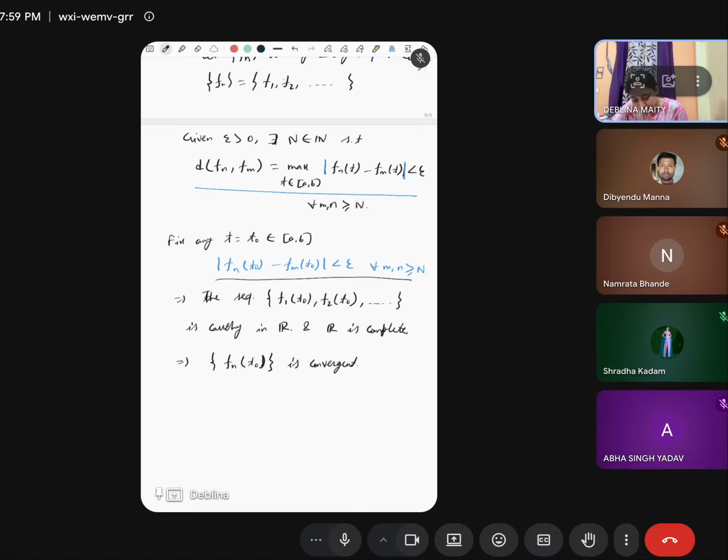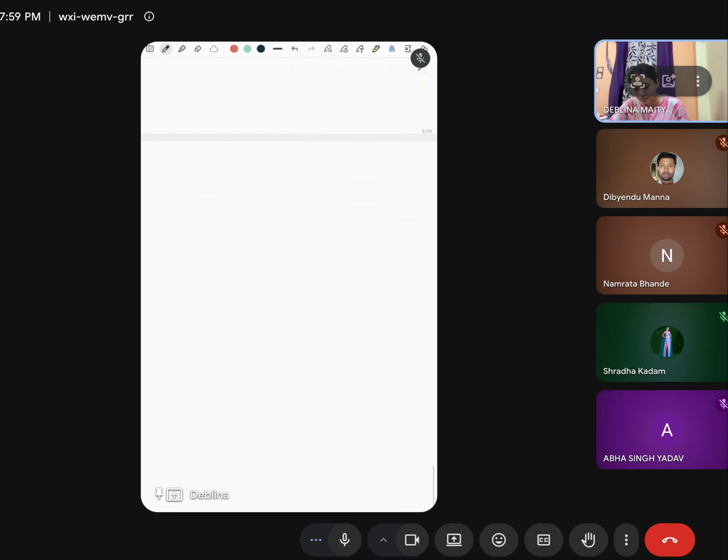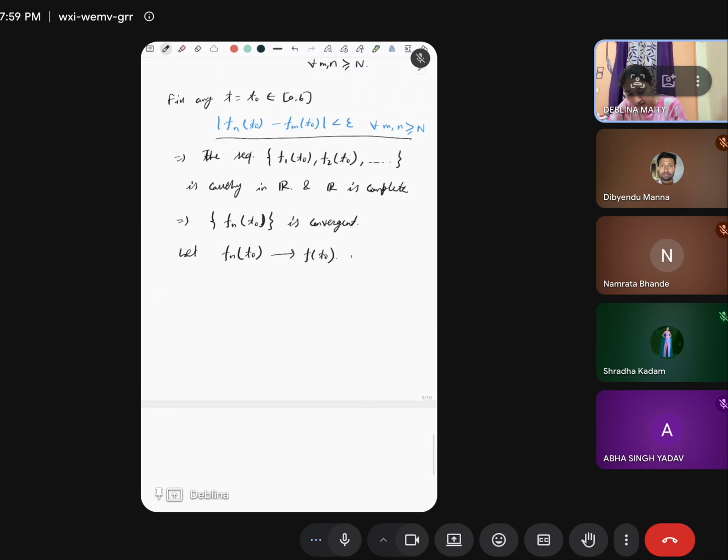So let fn(t naught) converge to some f(t naught) as n tends to infinity.